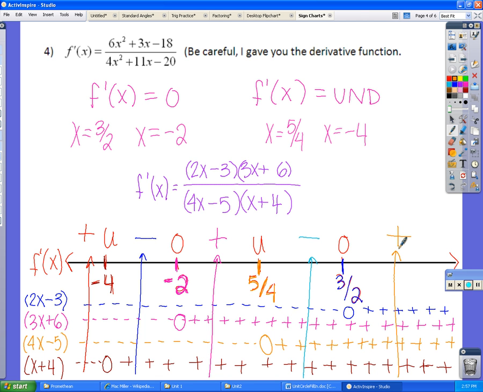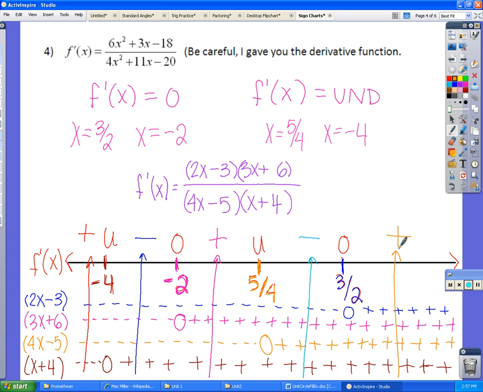It definitely takes some more time because you're doing each factor. But if you're having a really hard time doing your sign chart just because you're doing each factor in your head, this is a method that will guarantee that you get your sign chart correct. And once in a while, I'll try to use the method in class in case you're not familiar with it and you want to get some practice.